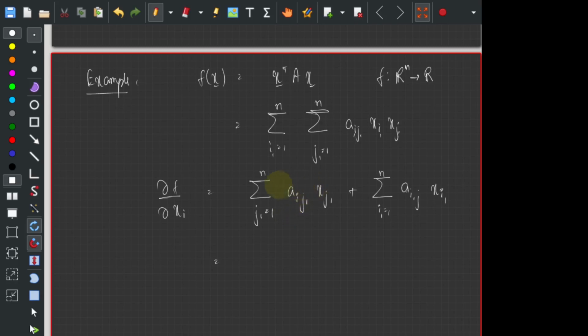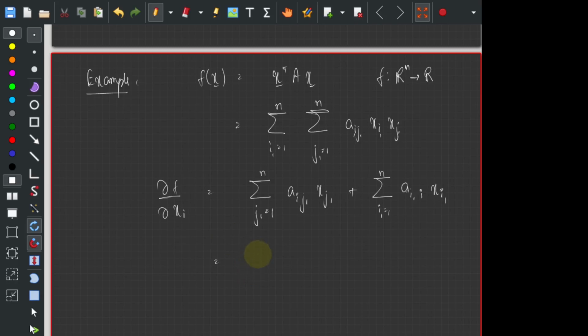So this is the dot product of the ith row of A with the vector x, plus the dot product of the ith column of A with the vector x.